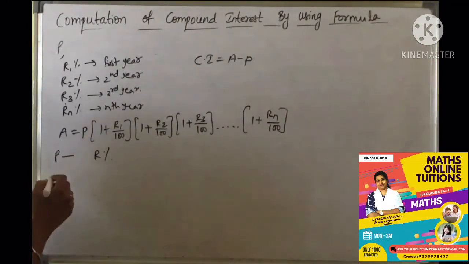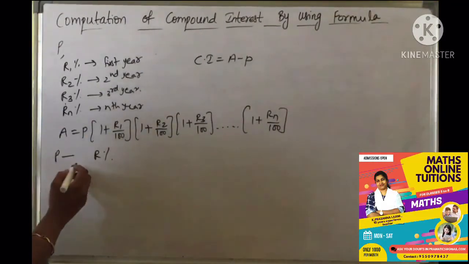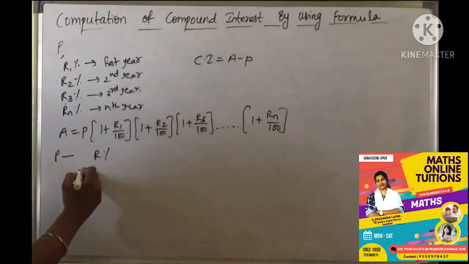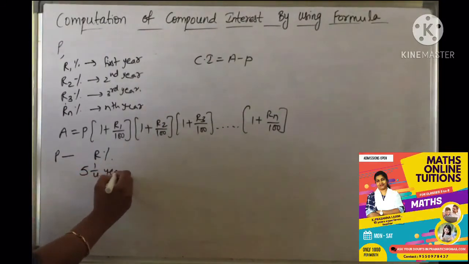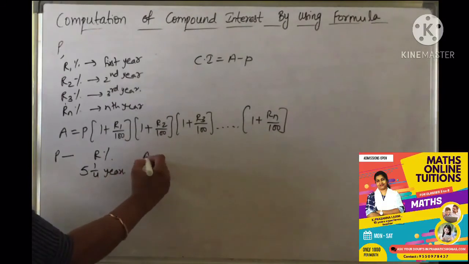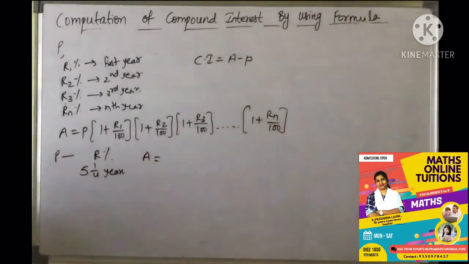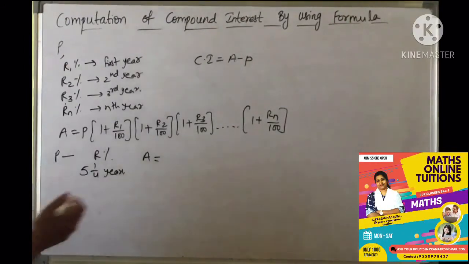If the interest is compounded annually but the time is a fraction, for example 5 1/4 years, how to write the amount? Here the time period is given as a fraction, children. So how to find it? 5 is the whole part and 1 by 4 is the fraction part.